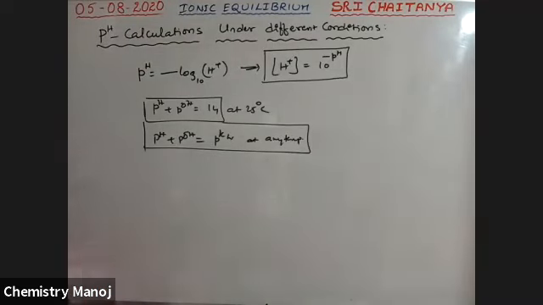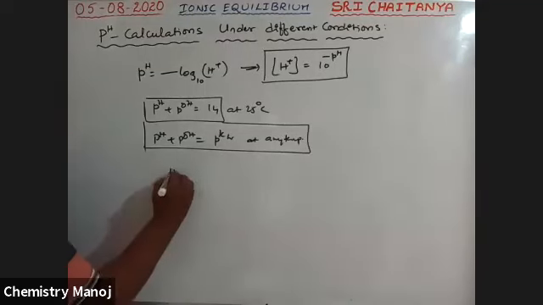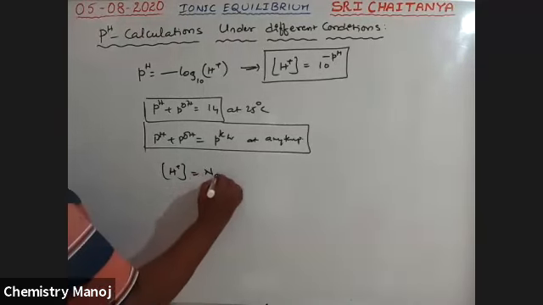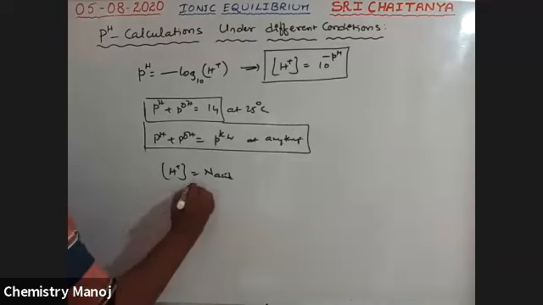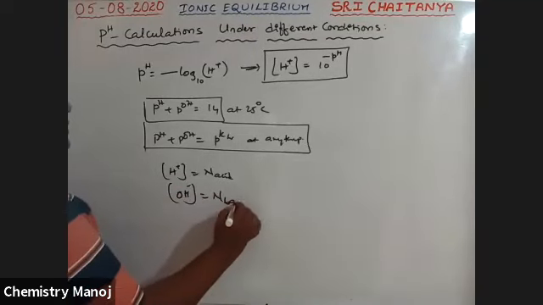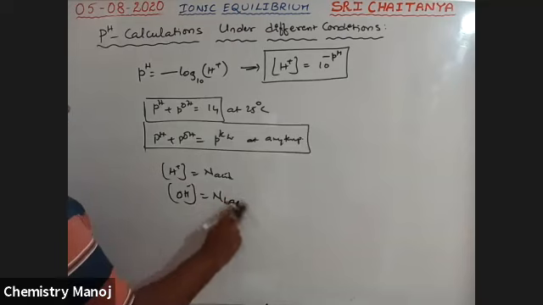This is the condition, please keep it in mind. Next, H plus ion concentration is equal to normality of acid, and OH minus ion concentration is equal to normality of base. So these are the minimum conditions you should keep in mind.